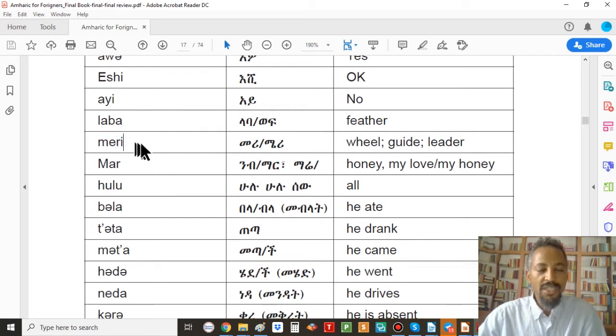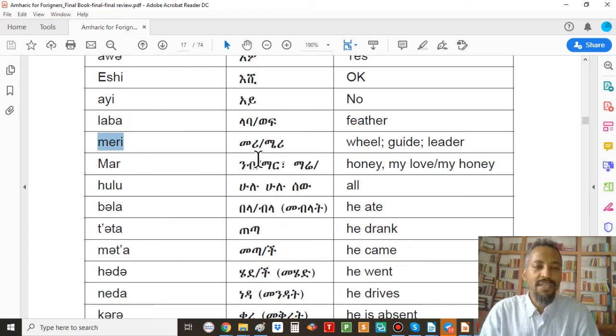Learning or teaching Amharic using transliteration or phonetic representation like this one is really confusing because people can read or pronounce this as Mary or Mary. It's just open for any kind of English reading. People can mispronounce this.